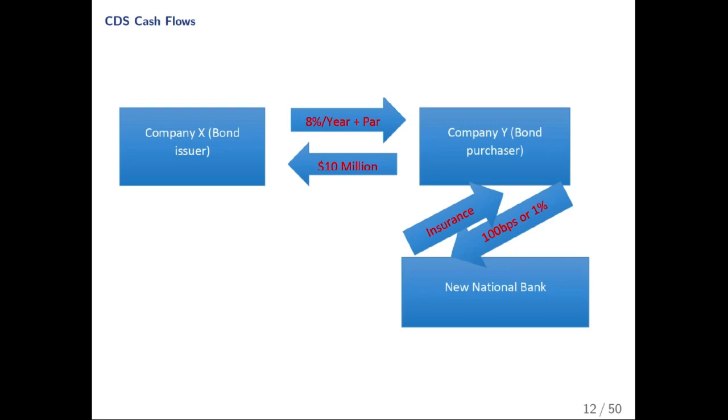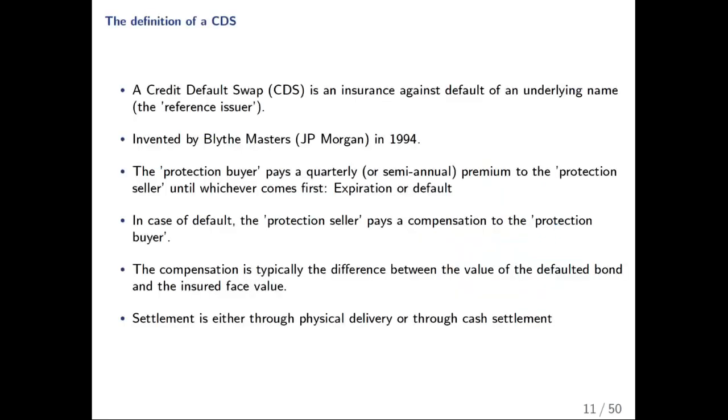However, that doesn't generally happen, because after a default there is a settlement process through which we decide how much money to exchange. How much money we exchange is determined by the secondary market price for the bond, which is the post-default price.